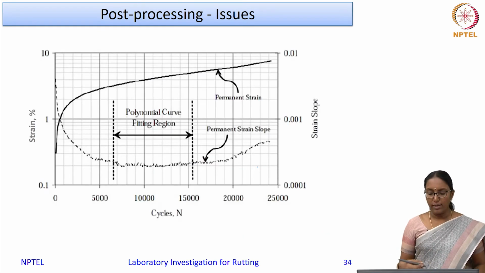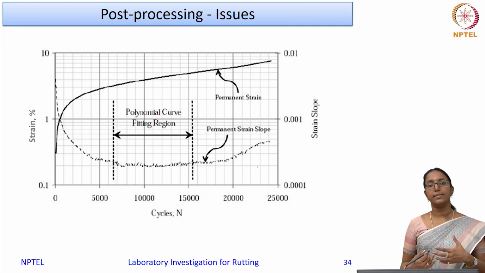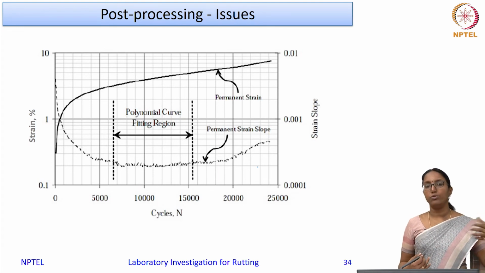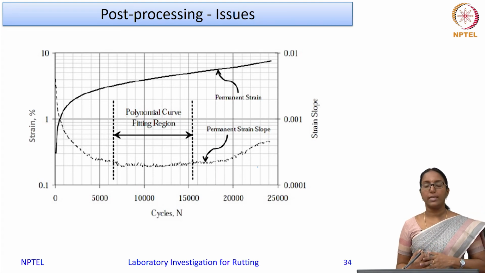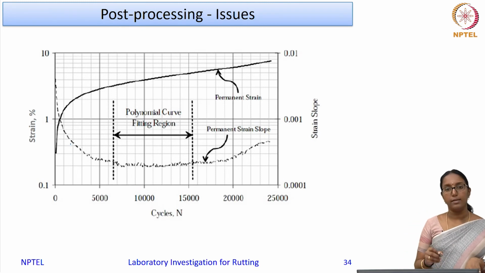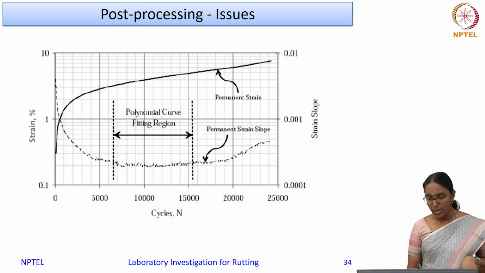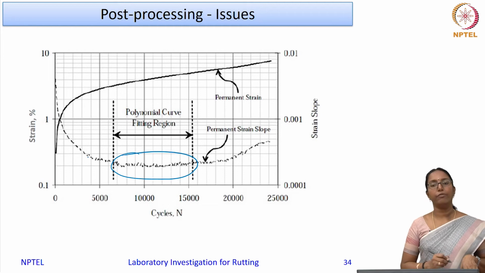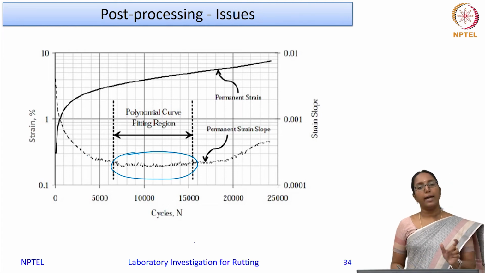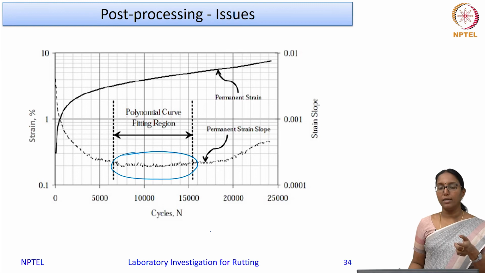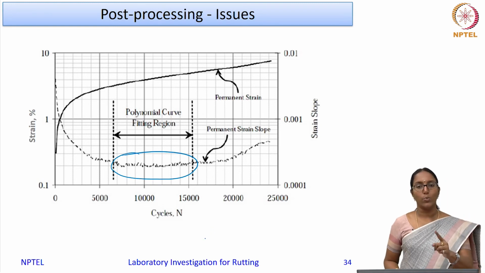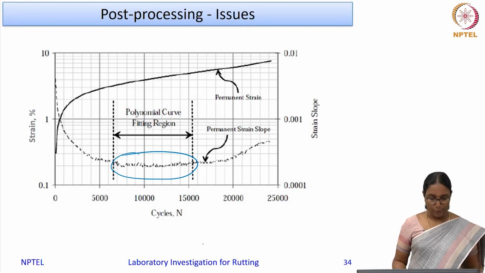In order to cater to this issue, as I said, you can use Zhou's approach or curve fitting approaches. Even in the strain rate method, in the region where you see a lot of variability, you can fit another polynomial and then try to find one point which corresponds to the minimum value.